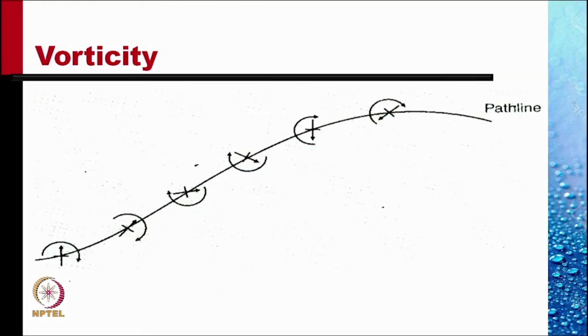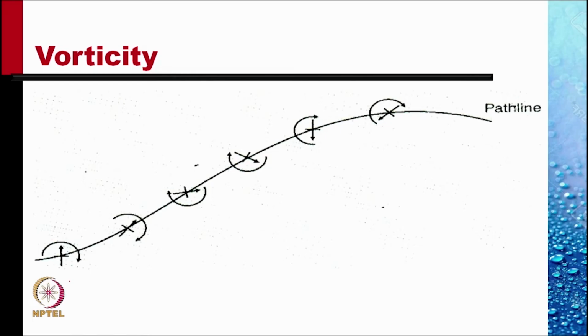This rotation of the fluid element, curl of v, which is twice the rate of rotation, is also termed vorticity as a measure of rotation of the fluid element. Here we have shown a fluid element that rotates as it moves along its path line.